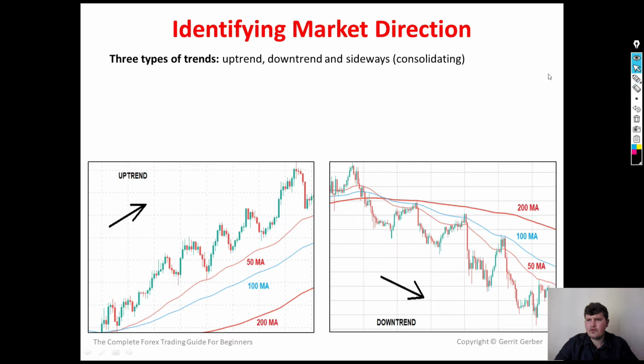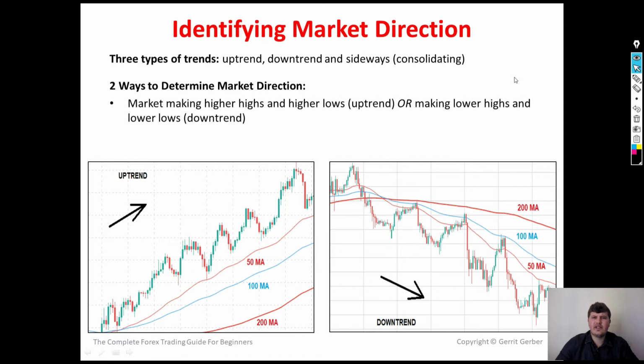Now, there are 2 ways to determine the specific market direction, and the first is by looking at whether the market is making higher highs and higher lows for uptrends, or making lower highs and lower lows for downtrends.